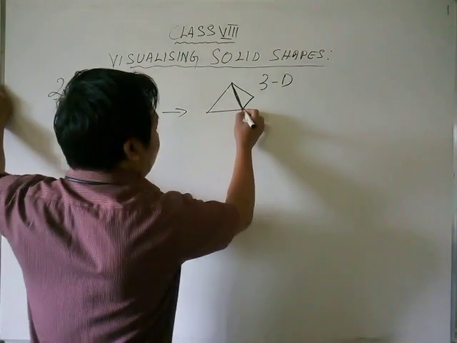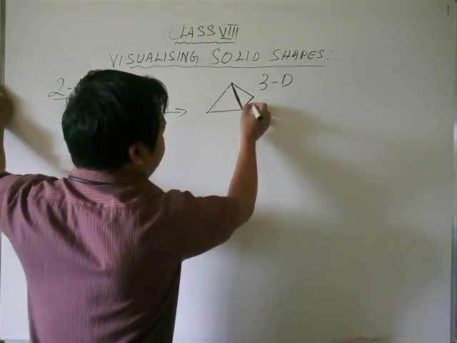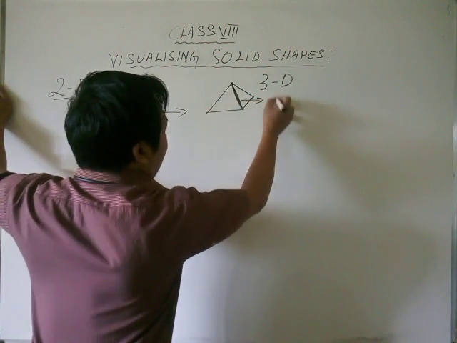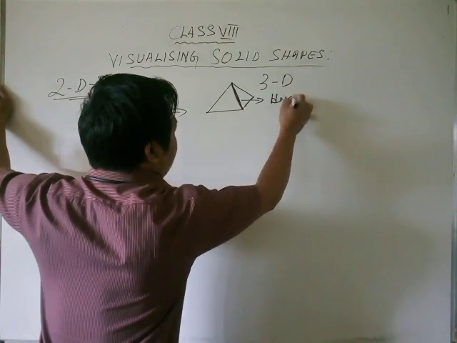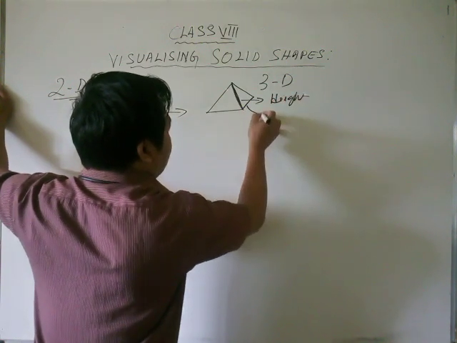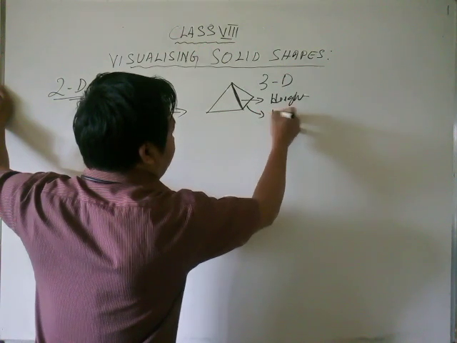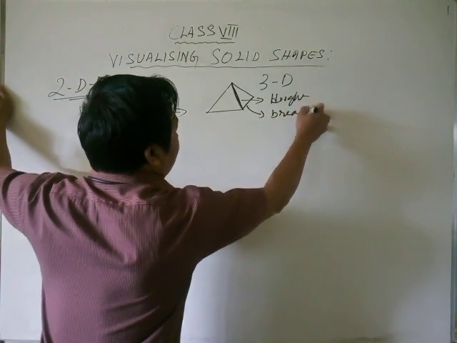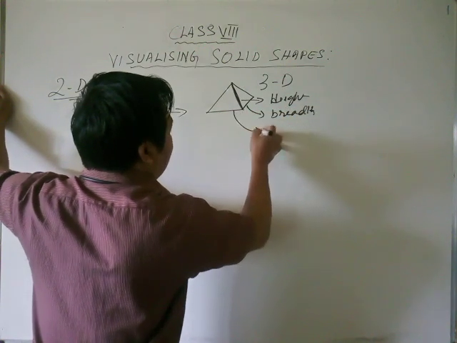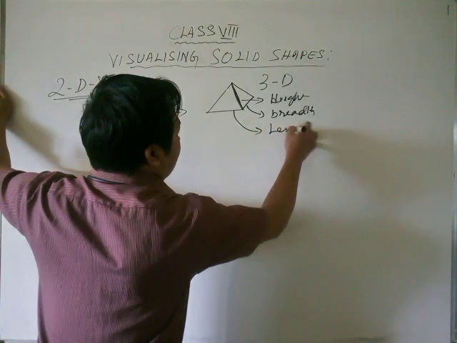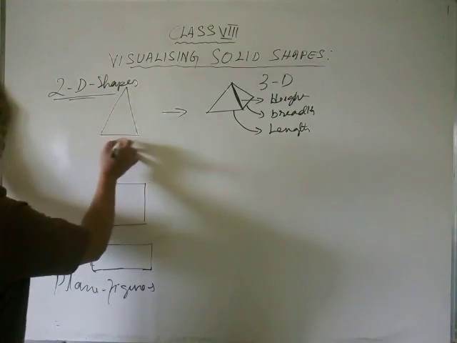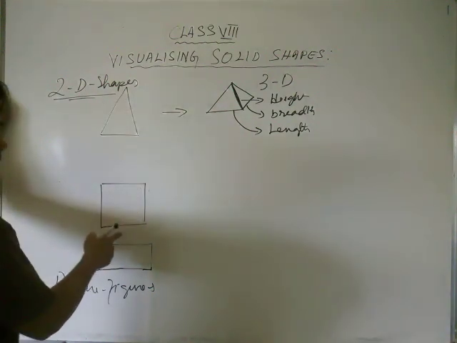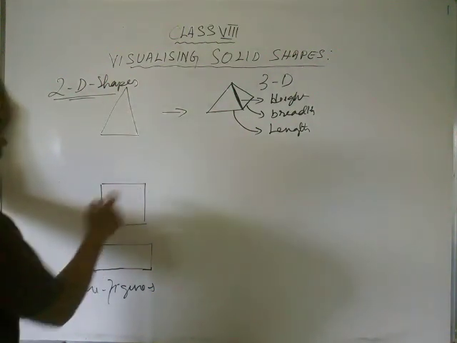Then you see it has height, this is called height, and this is called breadth. And let us say this is the length. Here it has only length and breadth.